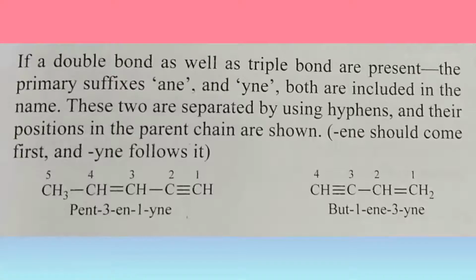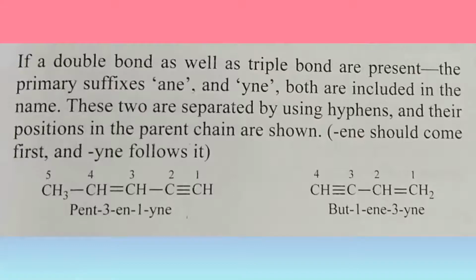Now coming to the second one, it has 4 carbon atoms present in the long chain. So the root word here is "but", and here 1 "-ene" and then 3 "-yne". If you see, each of these is separated by a hyphen. Do not forget to separate the alphabets and the numbers with a hyphen, even when you're ending and starting in the middle of the chain.